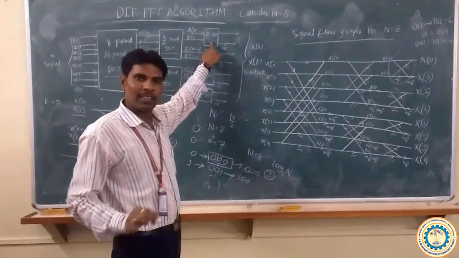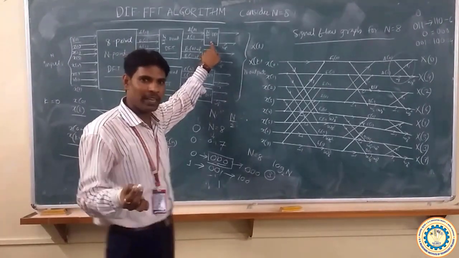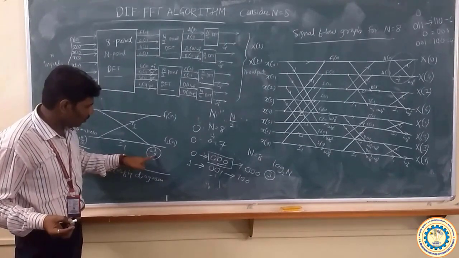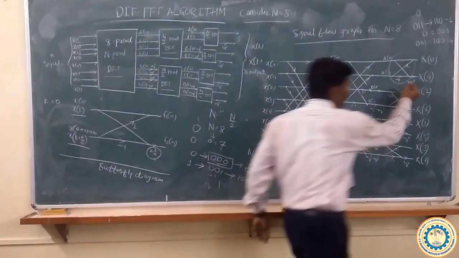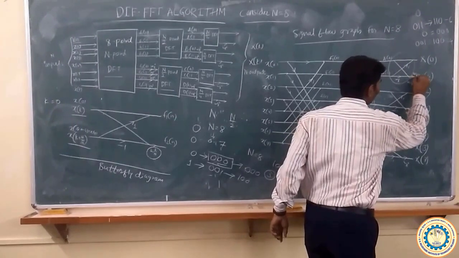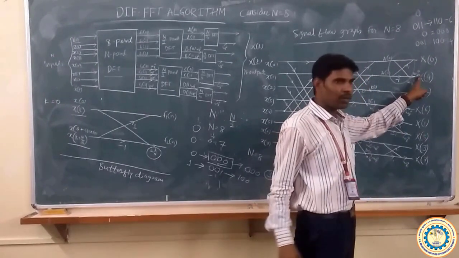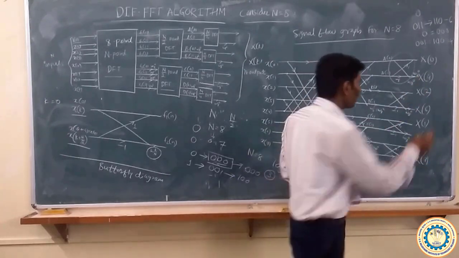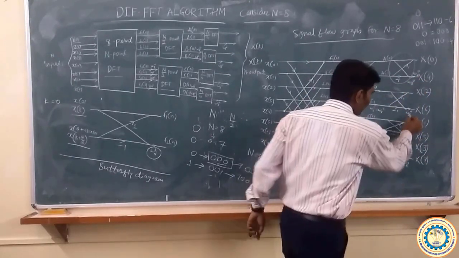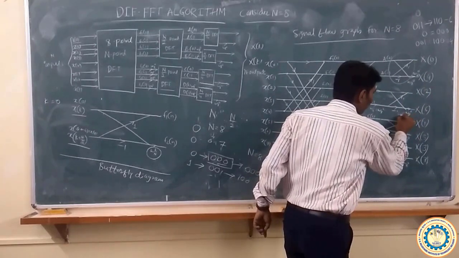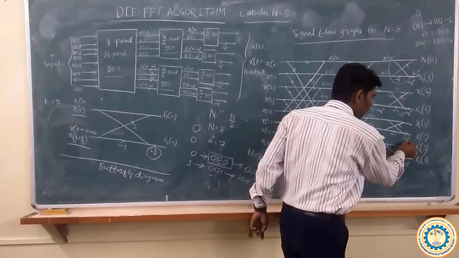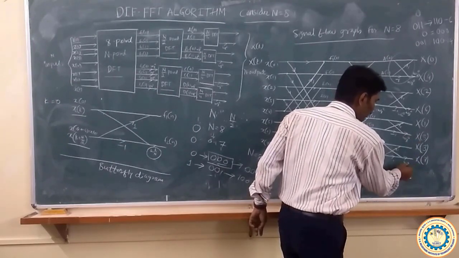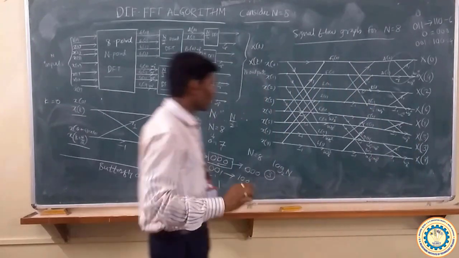For a 2-point DFT, it is nothing but W2 raised to 0. So W2 raised to 0, when you express this in 8-point DFT, I can represent it as W8 raised to 0. This is W2 raised to 0, which is nothing but W8 raised to 0. This is also W8 raised to 0.